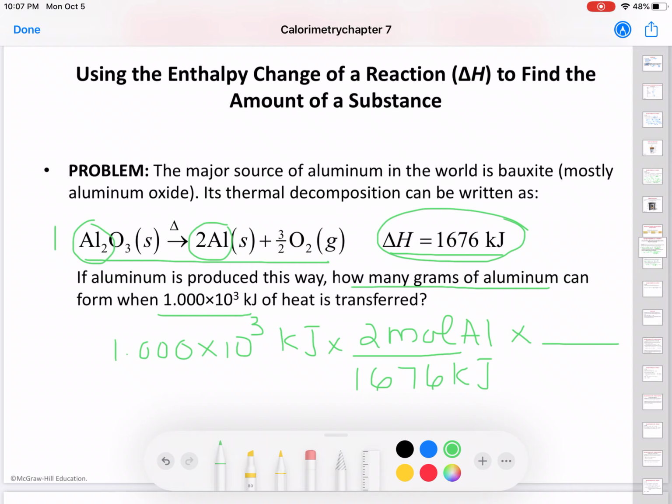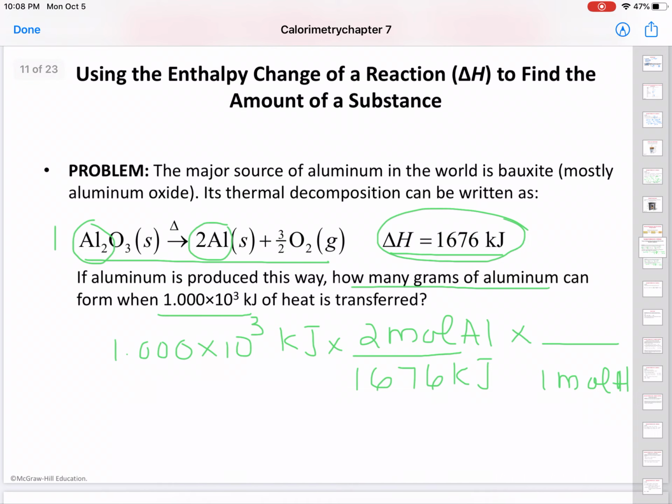This step gives us the number of moles of aluminum formed when 1000 kilojoules of heat is transferred. What we want is grams, so you convert moles to grams. 1 mole of aluminum is the molar mass of aluminum, which I believe is 26.